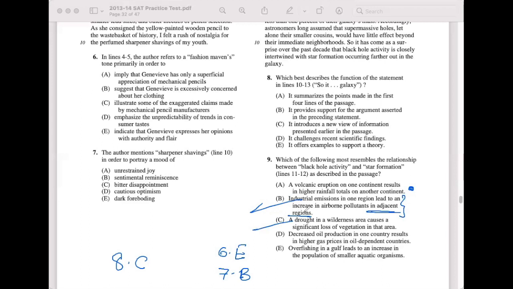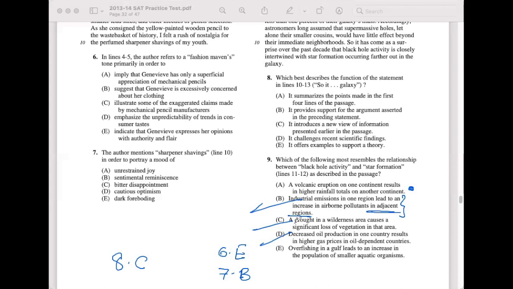Decreased oil production in one country results in higher gas prices in oil-dependent countries. So this is an economic cause and effect, right? It doesn't necessarily indicate a surprising phenomenon that emerges from natural activity in one place affecting natural activity in a far-off place. So this is not analogous to what we are describing in the passage.